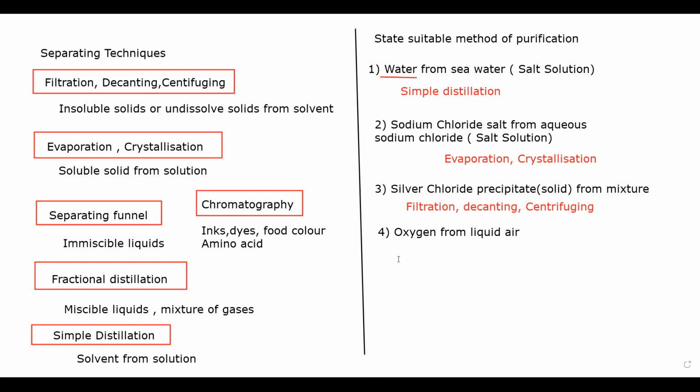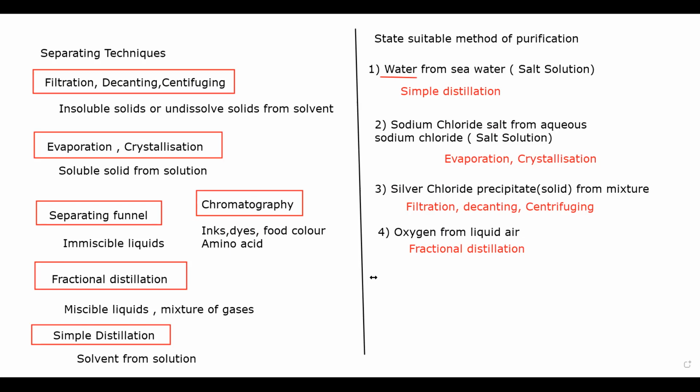For example, we have liquid oxygen and liquid nitrogen. So the technique which we can use is called fractional distillation. Fractional distillation can be used to separate the oxygen from the liquid air.